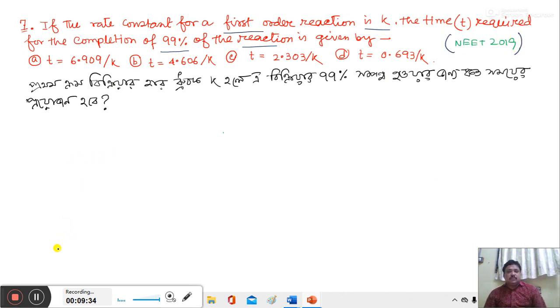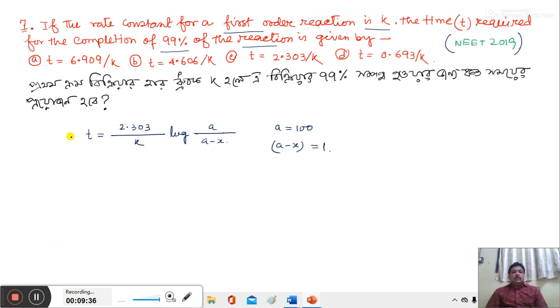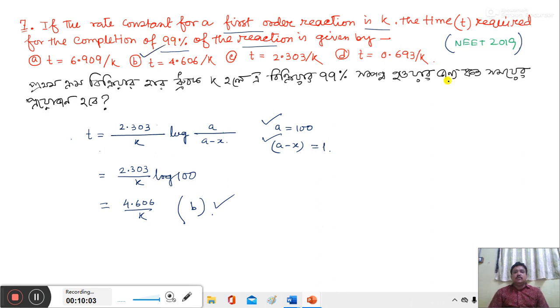Now for a first order reaction we know T is equal to 2.303 by K log of A by A minus X. According to the question, A is 100 and A minus X is 1. Putting this value we get T is equal to 2.303 by K log of 100. So T is equal to 4.606 by K. So option B is the correct one. This question came in the NEET 2019 exam.